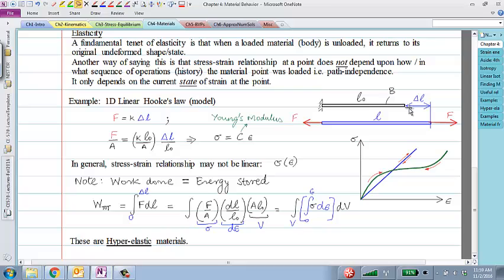Yeah, Vigita. You're correct that A times L0 is the volume of the body. In this, I've assumed that the cross section is uniform. But if the cross section is not uniform, then maybe I should write that intermediate step. I'll move this out.